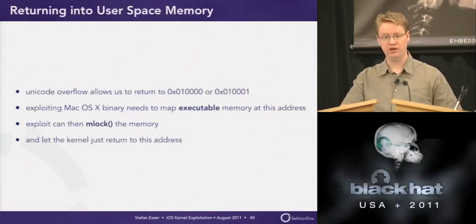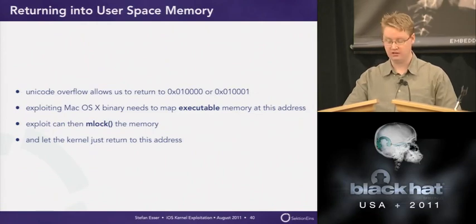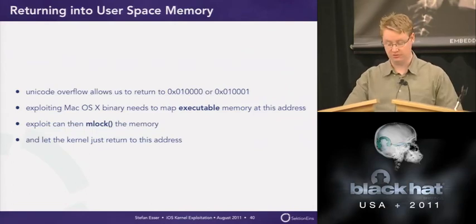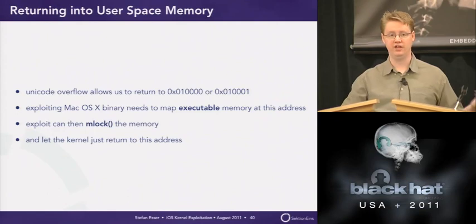For example, you have a binary that maps executable code at this 10000 or 10001 address, and then you just return there, and it executes your code. The only problem here is the memory must be marked as executable. And one other thing is, when you look at the exploits of Comex, he always does an ALLOC of this address.